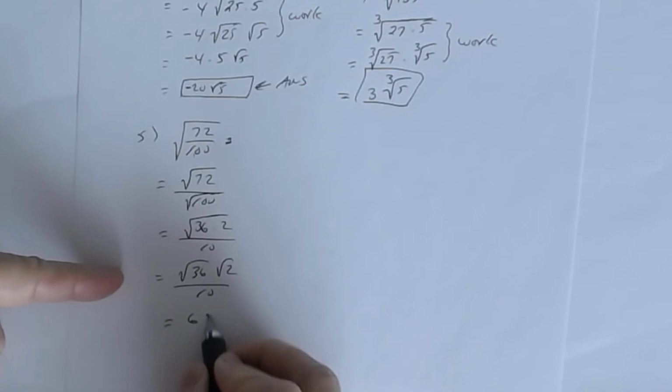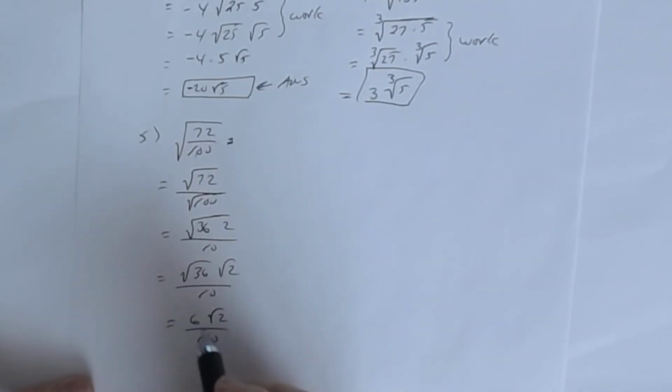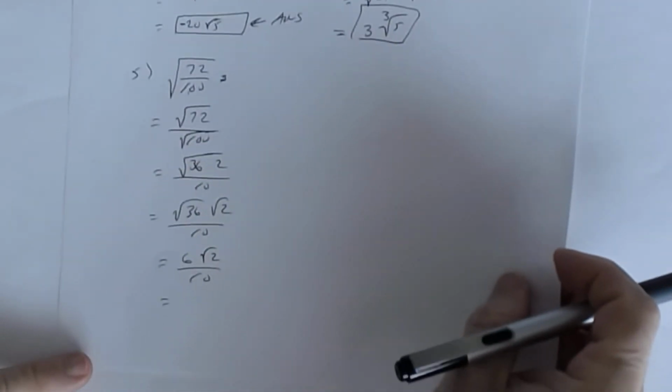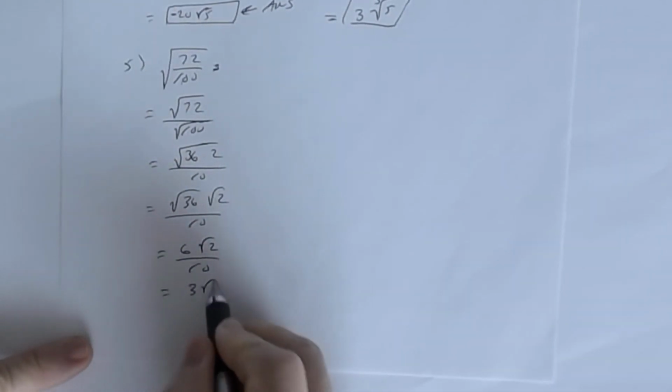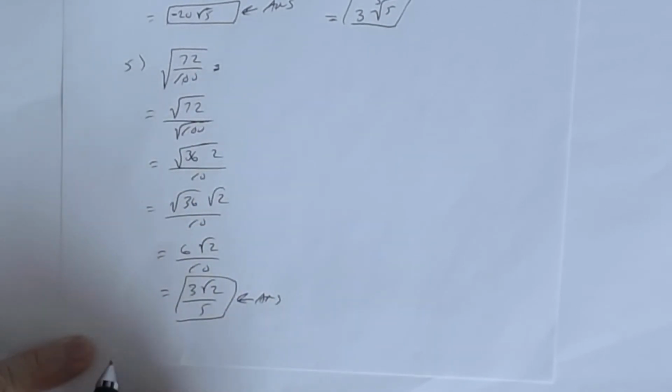So I get 6 square root of 2 divided by 10. Now at this point, this is where you would reduce, because I can reduce 6/10 here. 6 and 10 are both divisible by 2. So that would be 3 square root of 2 divided by 5. So there's your answer.